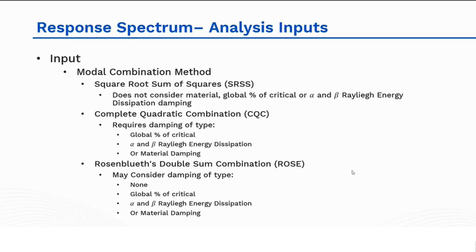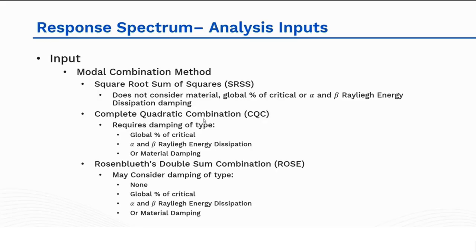And about these modal combination methods, if I want to consider added damping in my response spectrum analysis, I'm not going to be able to do it if I use the SRSS method. So if I did apply any type of other damping, let's say material damping, it will simply be ignored.